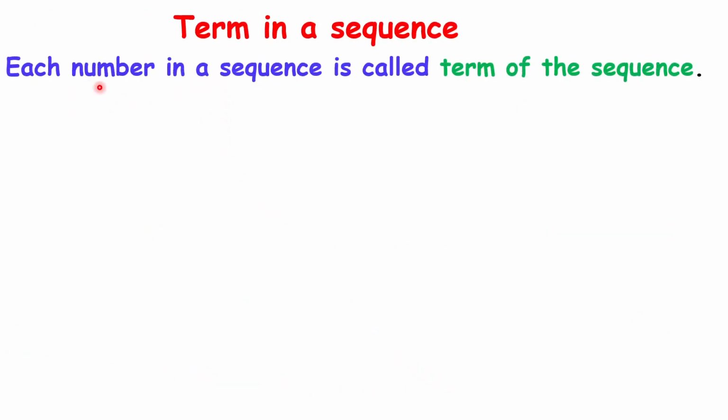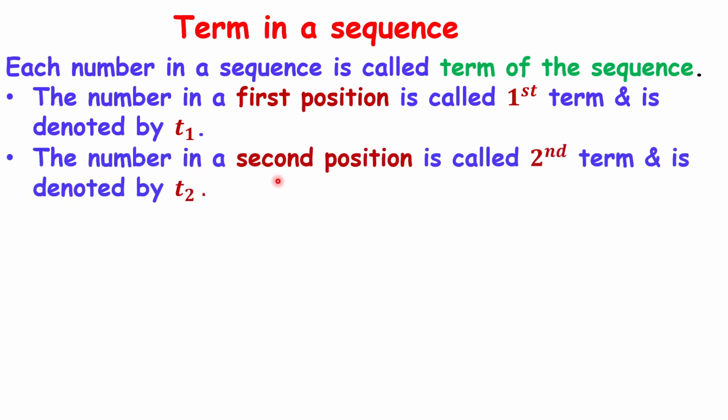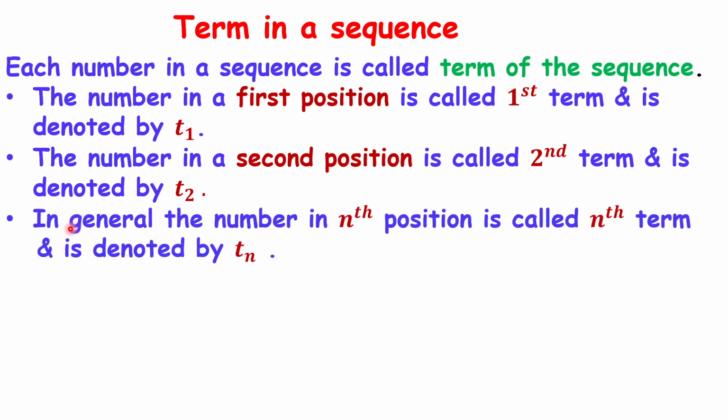Terms in the sequence. Each number in a sequence is called a term of the sequence. The number in the first position is called the first term and denoted by T1. The number in the second position is called the second term and is denoted by T2.